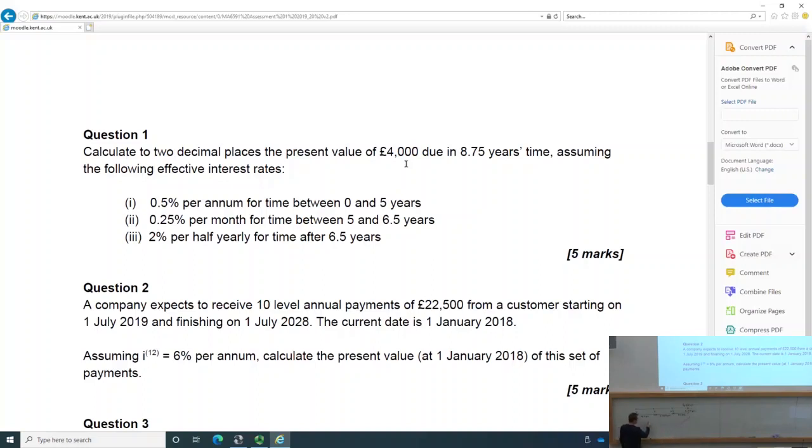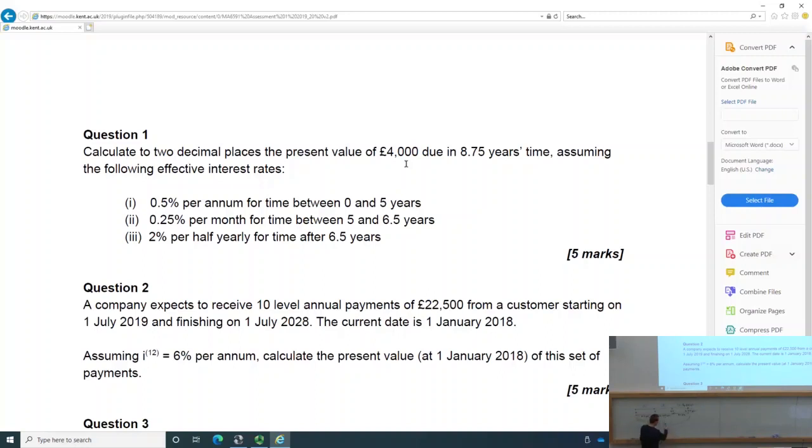So to find the present value, we need to find V. If we call this period 1, period 2, and period 3 here. So period 1, discount between 5 and 0. We work in years for that, so it's per annum. The second one is between 5 and 6.5, which is 1.5 years, which is 18 months.